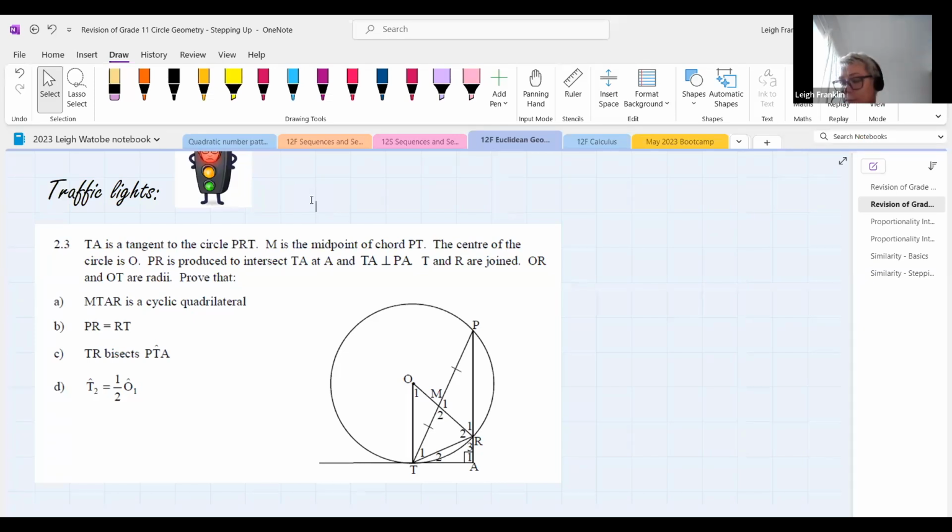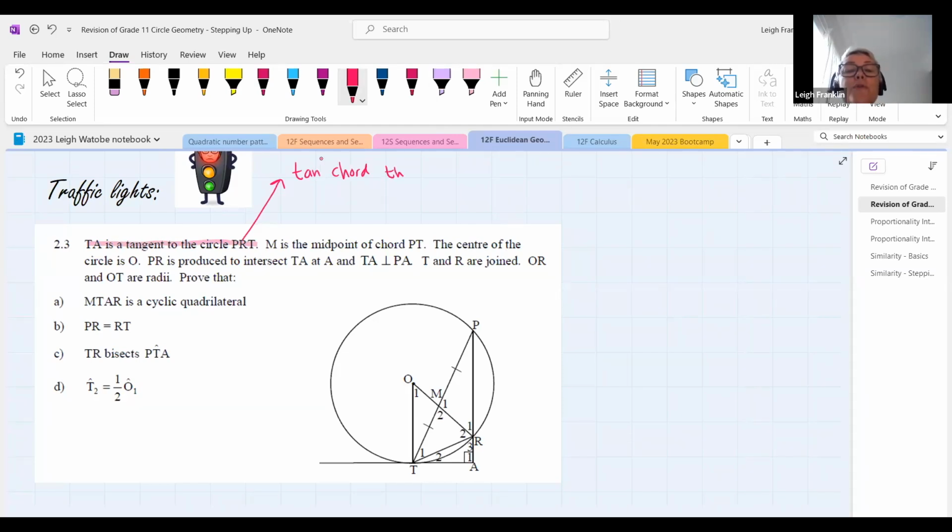So for example, when you read that TA is a tangent to the circle, you immediately start thinking about all the things that you know about tangents. The first thing that would come to mind when you see the word tangent is tan chord theorem.